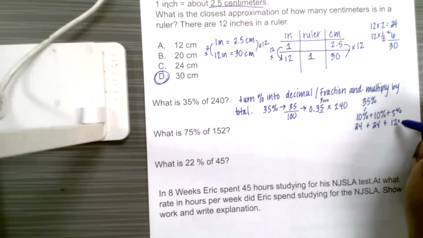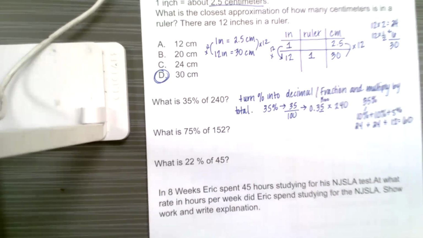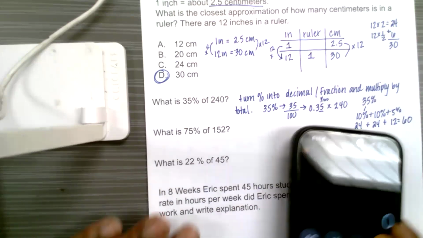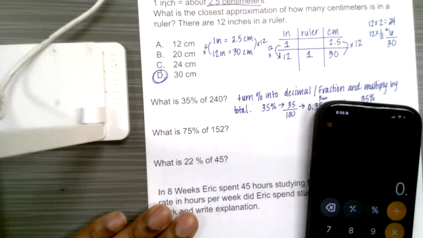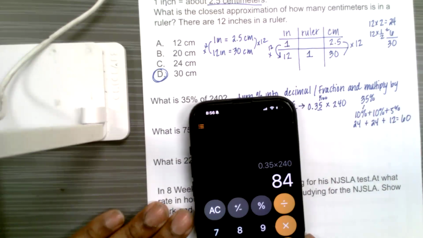Plus 10 is 58. Plus 2 is 60. So let's see if I'm right. Calculator. 0.35 times 240. Oh, I did something wrong.